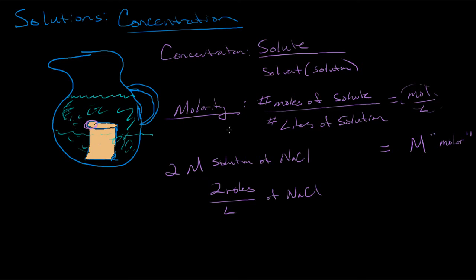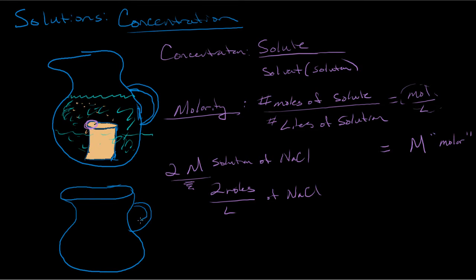So molarity just means that we have however many moles of our stuff. In this case, we have our orange juice that's separated, so we'll make a new pitcher here. Now we have our water, and this is what it looks like at the particle level.